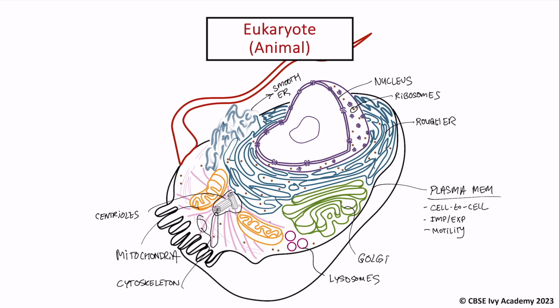And then lastly, in red, you have the flagellum, which is involved in motility. And that is your overview of the eukaryotic cell. Obviously, in white here, you have your cytoplasm as well. Okay, I will clear the ink and then ask you your 3 questions.